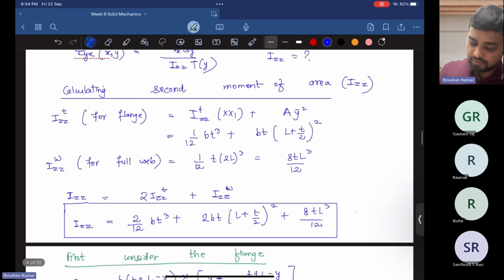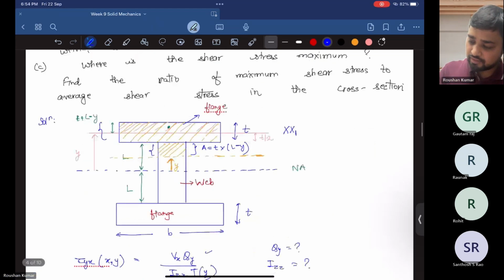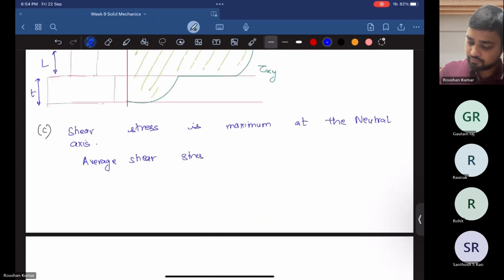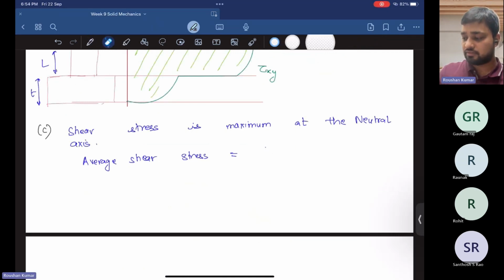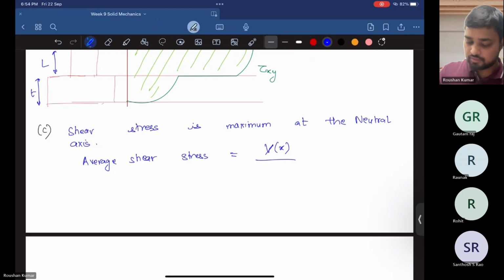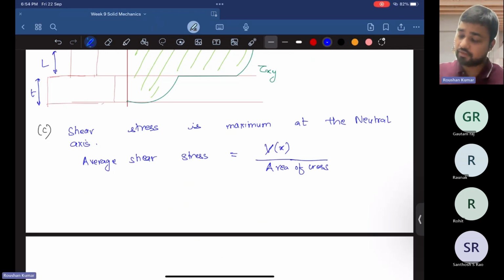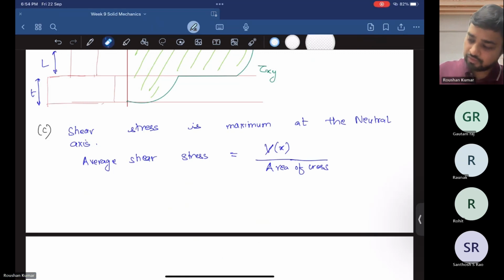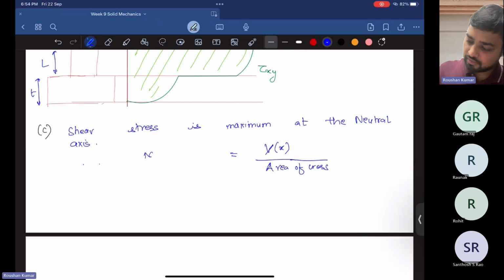So basically, average shear stress is given by Vx upon area of the cross section.